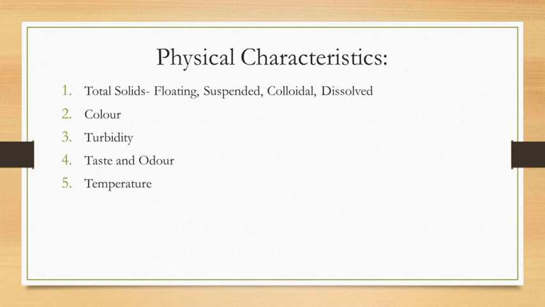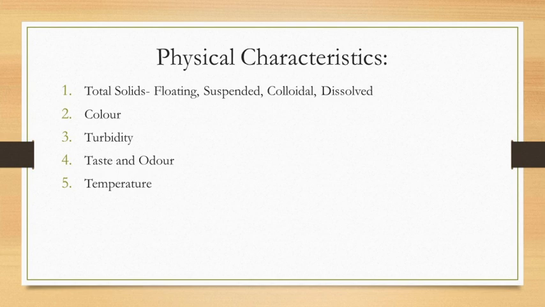For the calculation of dissolved and colloidal solids, we volatilize the water at 600 degrees Celsius, and when the sewage and wastewater totally evaporate, we get the dissolved and colloidal solids. By adding suspended solids and dissolved solids, you get the total solids of the wastewater sample.